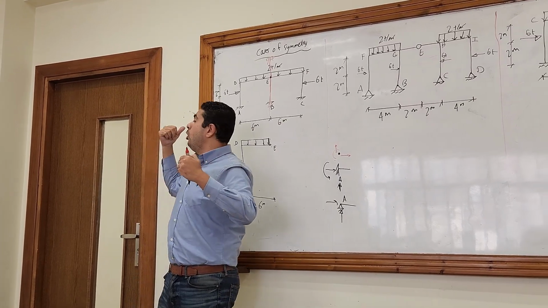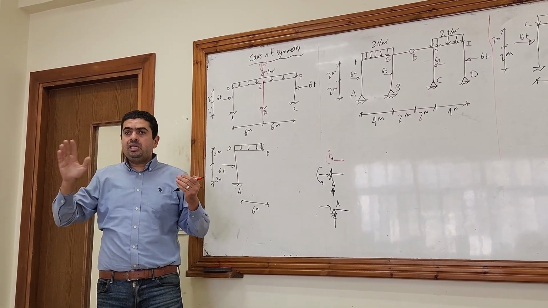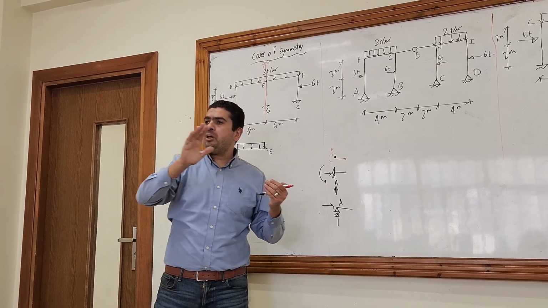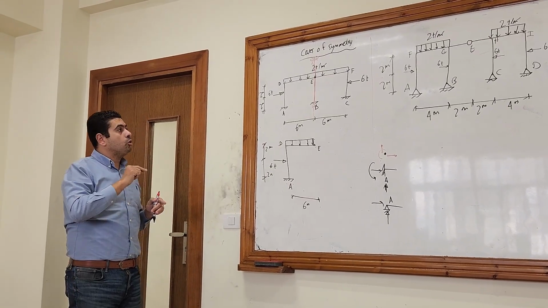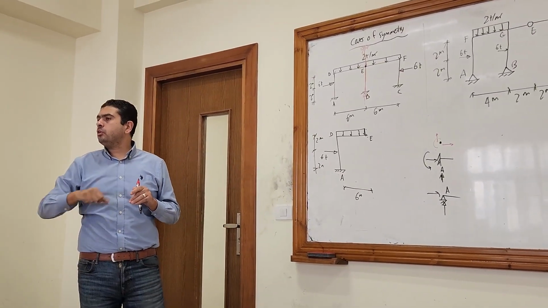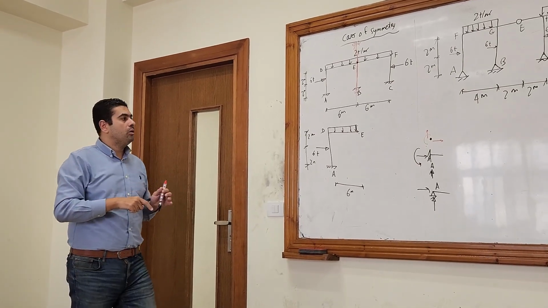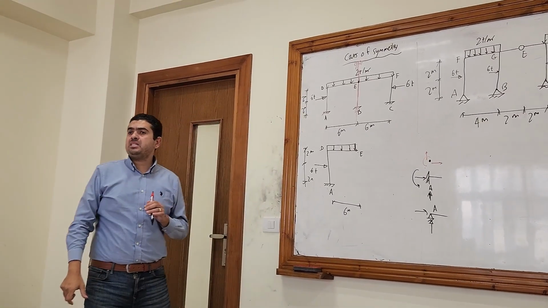If the loads were not symmetric, point E would move in some direction. But here, because of the symmetry, point E is not allowed to move horizontally. So no vertical displacement, no horizontal displacement.